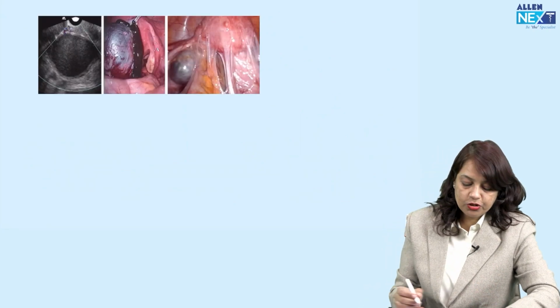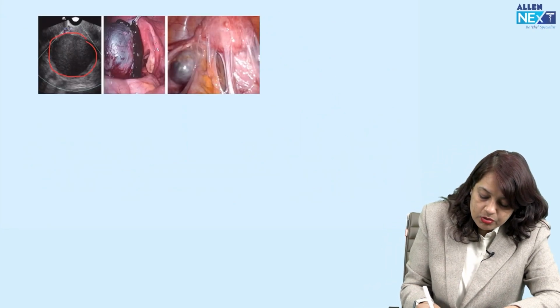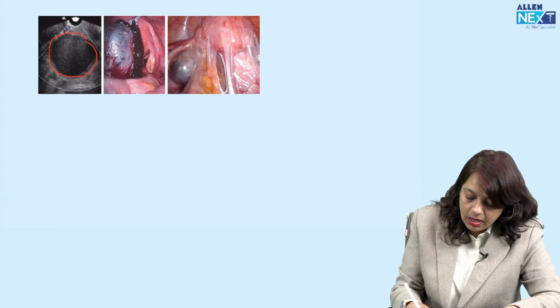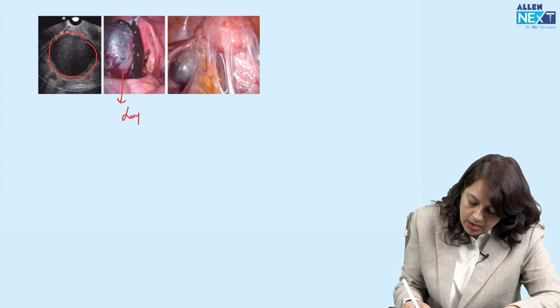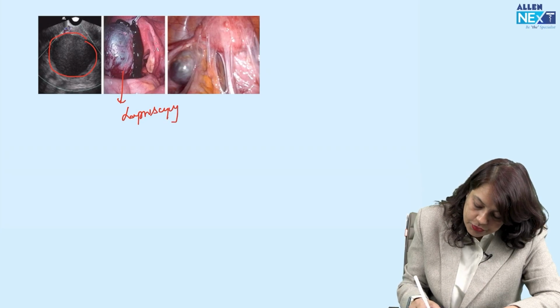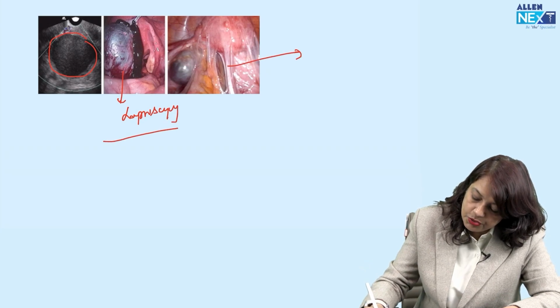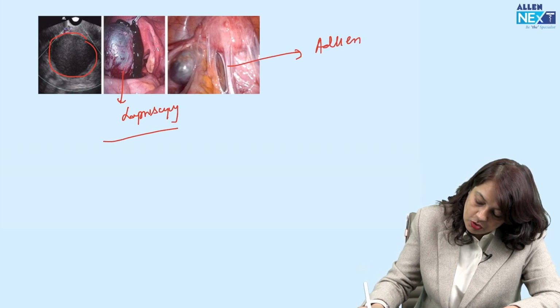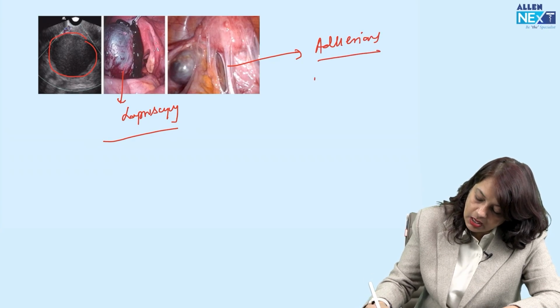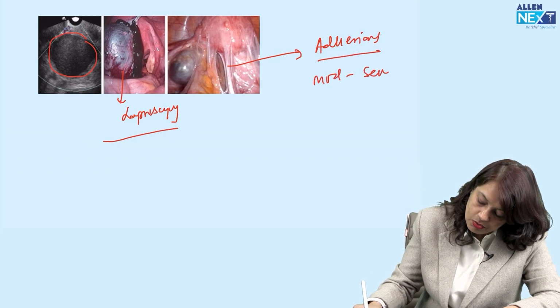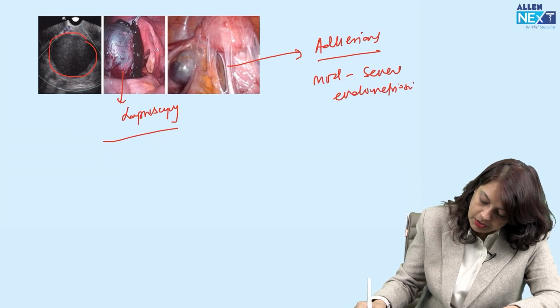A few things I would like to mention here. This is endometriosis on ultrasound, and this is a laparoscopy image of a chocolate cyst, and you can see so much of adhesions. This is moderate to severe endometriosis.